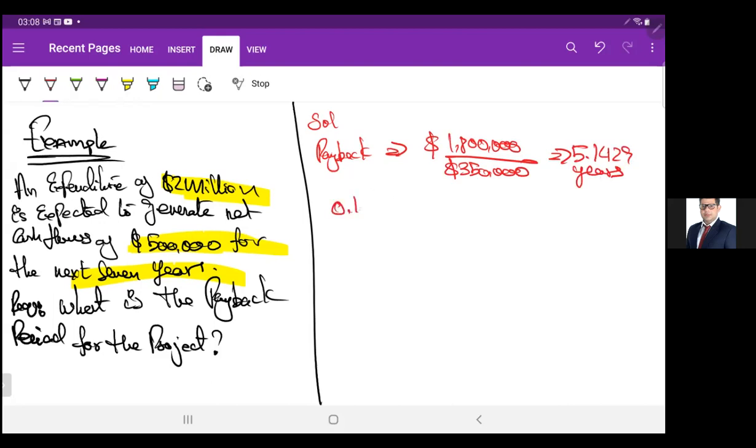So 0.1429 per year multiplied by 12 months, we will get 1.7 months, which we will round off to 2 months. Get it?